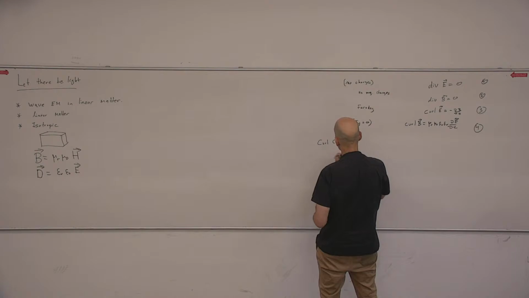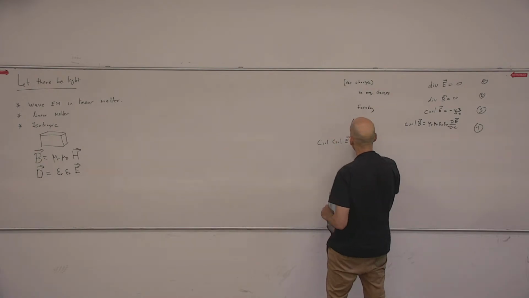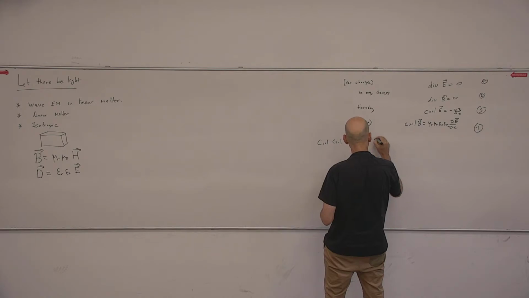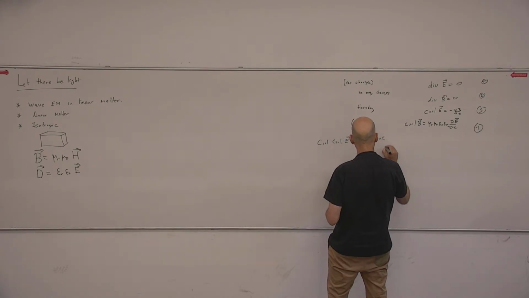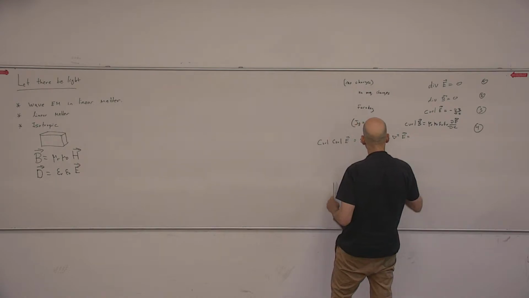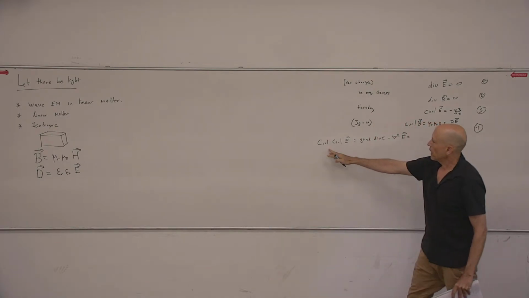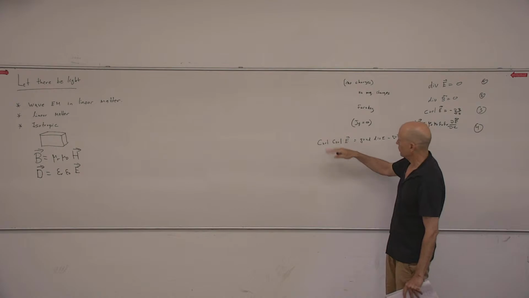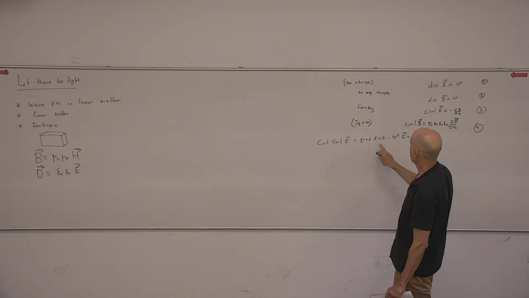The curl of curl of E is equal to grad div E minus the Laplacian of E. So you see here there are two sets of derivatives in space, kind of complicated, and here you see, also two.